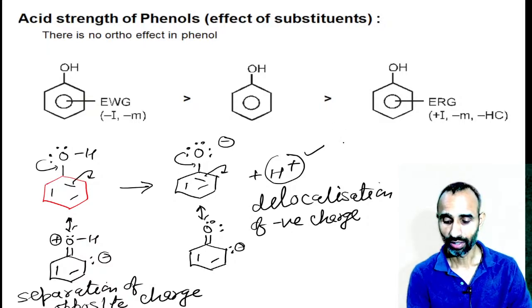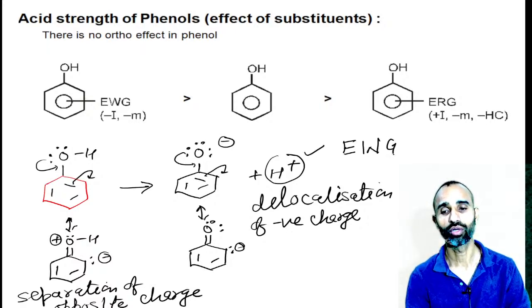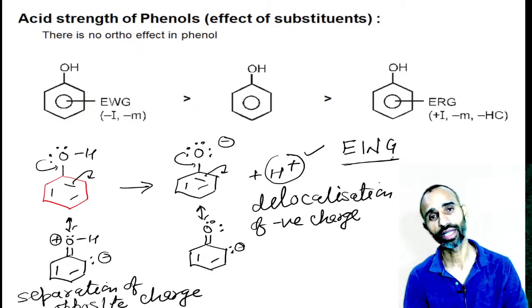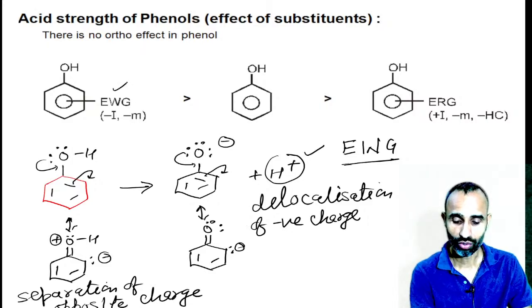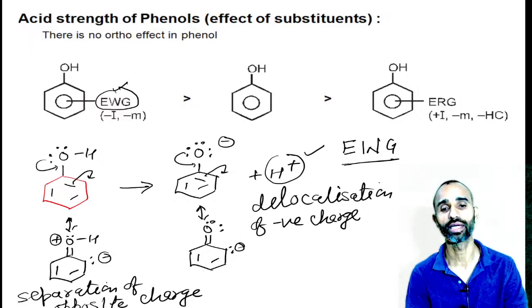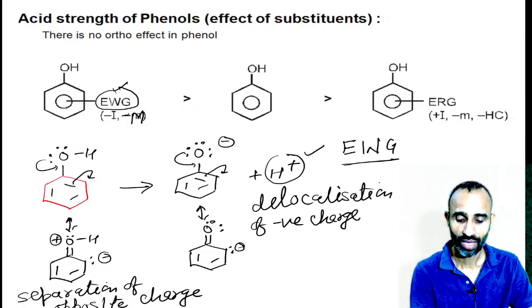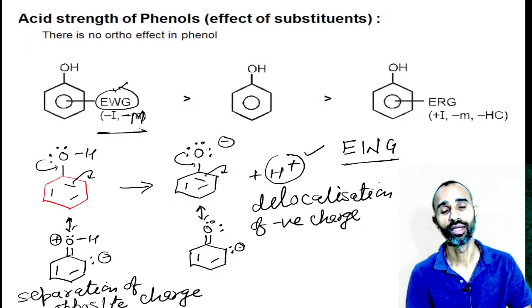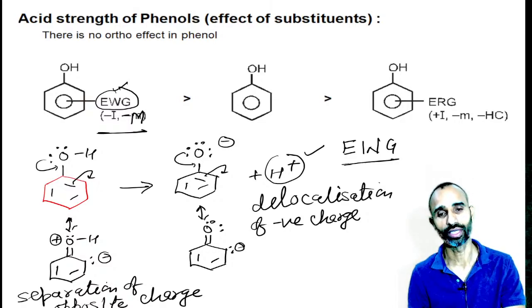As phenoxide ion is negatively charged, electron withdrawing groups increase its stability, and that's why they will increase its acidic strength. Means phenol is more acidic if electron withdrawing groups are attached, like minus I effect or minus M effect. Groups having minus I and minus M effect, if the net effect is electron withdrawing, then phenol becomes more acidic.